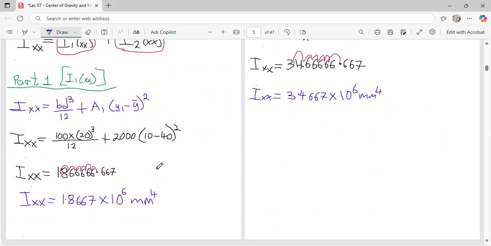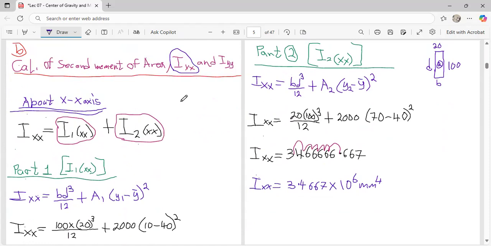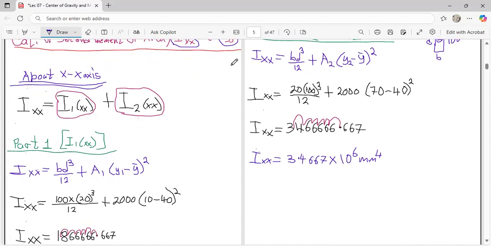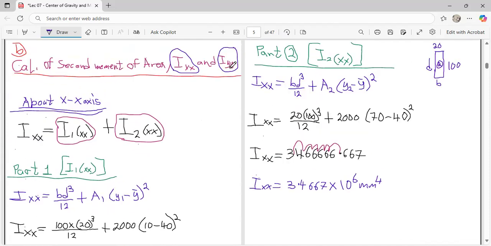Okay, we are done with the x, so we have to come and do the same thing for the y. This y we are seeing over here, this y I'm just circling. We also have to come and write about the y axis, moment of inertia about the y axis.